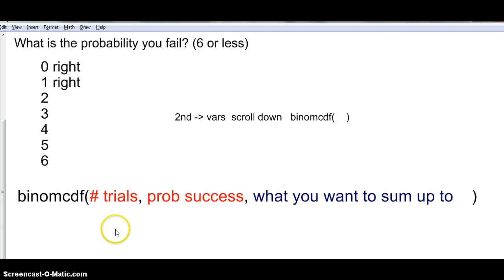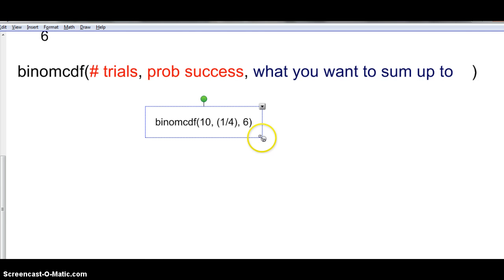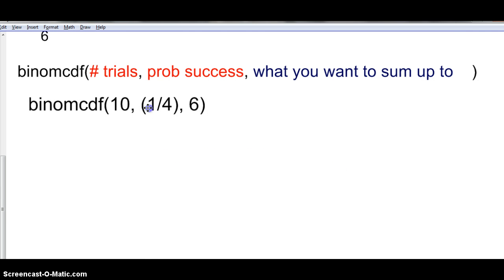So we're going to enter binom cumulative distribution frequency. We have 10 questions. The probability of getting a question right is 1 out of 4. We want to sum up to 6. And so what you are telling the calculator to do is not just sum exactly 6, but from 0 up until 6. All right, and so you can only sum up to, not down to.